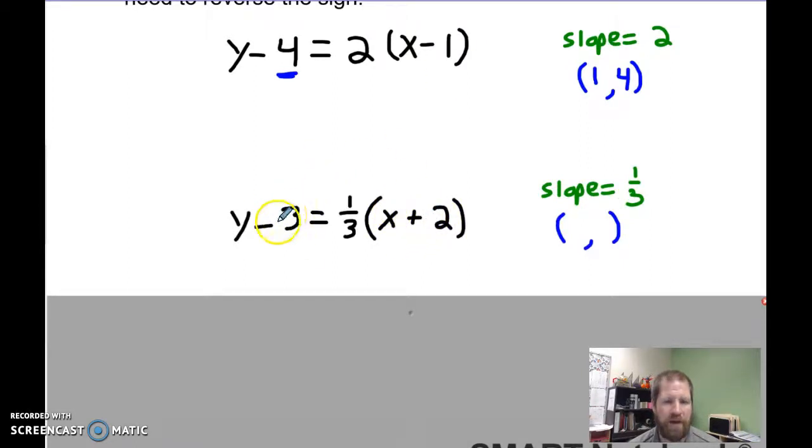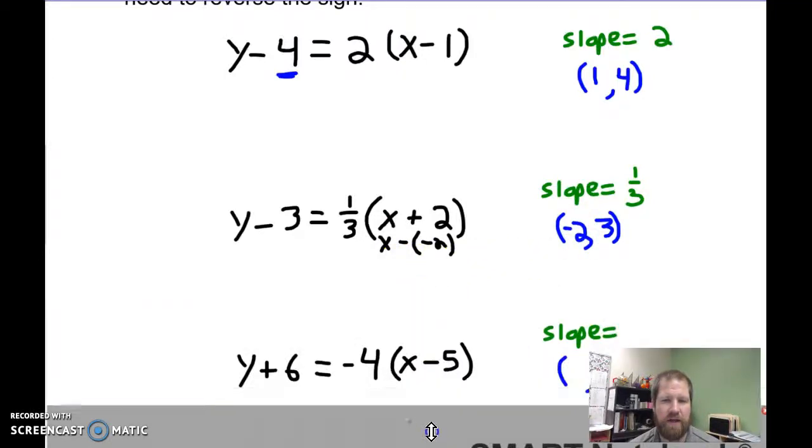Now my y value, y minus 3, my y value is still 3, still a positive 3, but my x value, because this is x plus 2, really what we've done is we've had x minus a negative 2, and we've turned that into x plus 2. So that's an actual negative 2 for my x value for that coordinate.